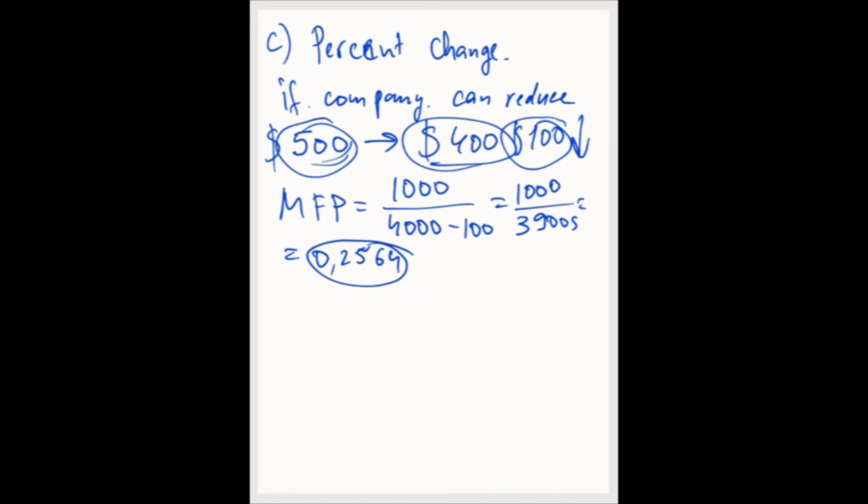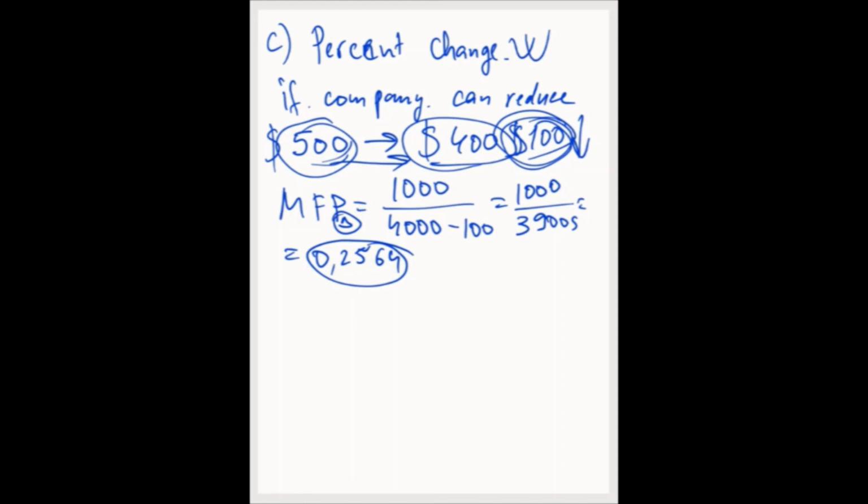If a company can reduce energy cost from 500 to 400 and can reduce input by $100, the multifactor productivity after this is 0.2564. So we have to calculate percent change.